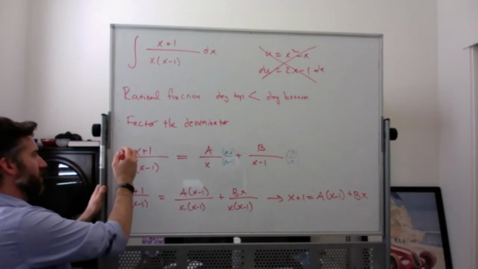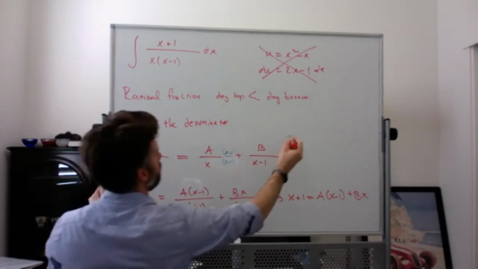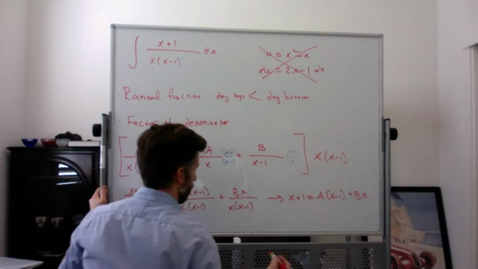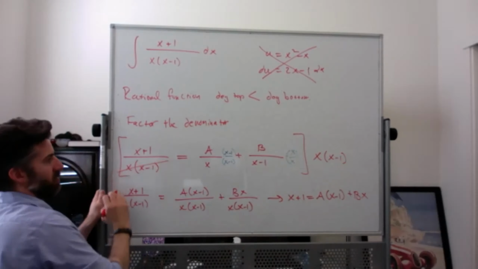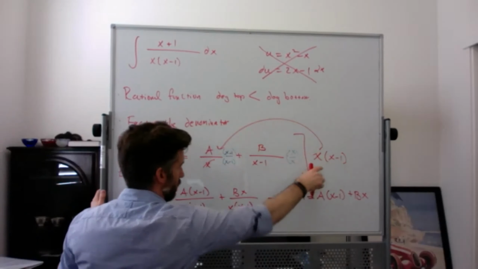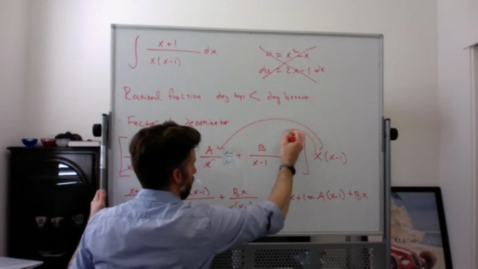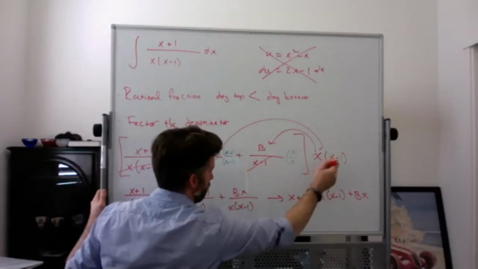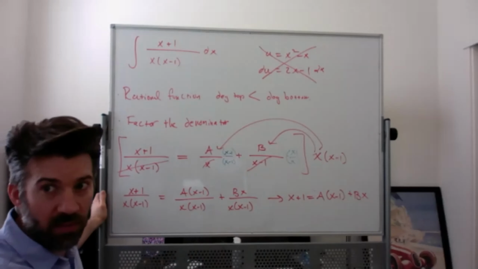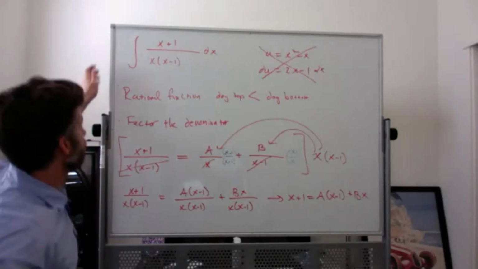So people often think of just taking this whole equation and multiplying it by the common denominator, so that this cancels out. Then when you multiply here, the x's cancel and you get (x - 1) times A. And when you multiply here, the (x - 1)'s cancel and you get x times B. Then our job is to solve for A and B.